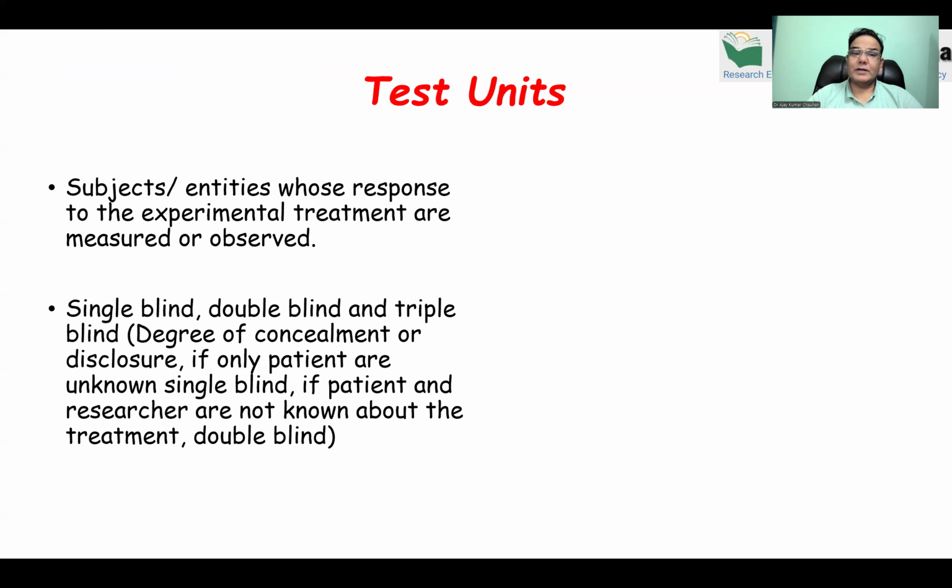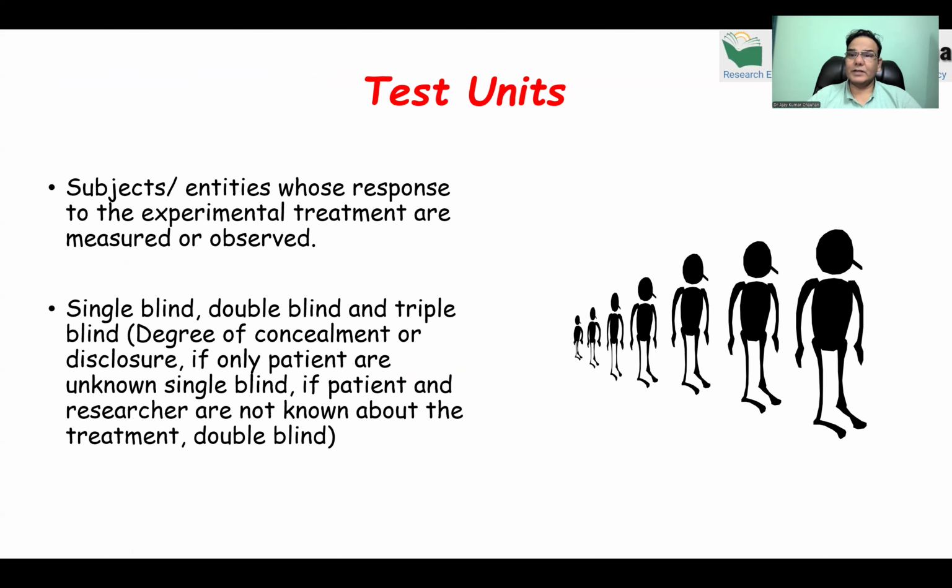Okay. Then test unit is a concept of who is going to participate in the experiment. There are two things which we have to keep in mind. Number one is randomization. Every group must have randomly selected units.